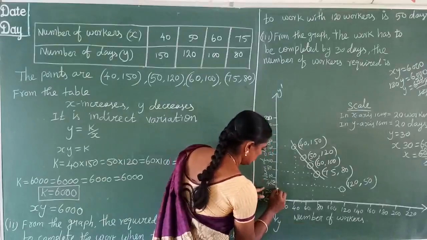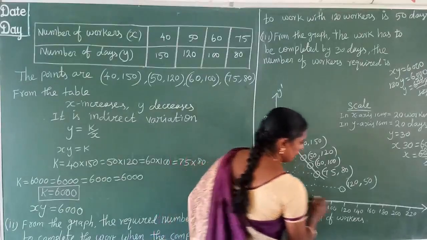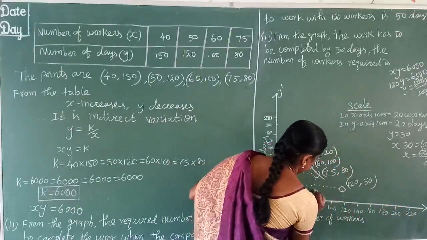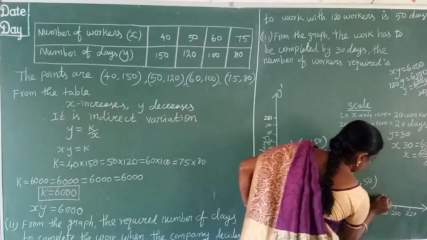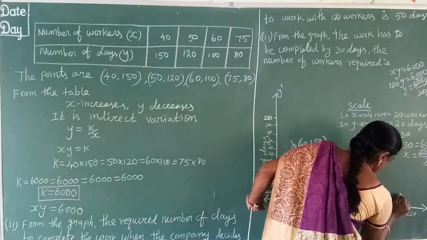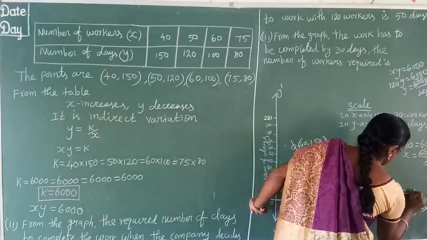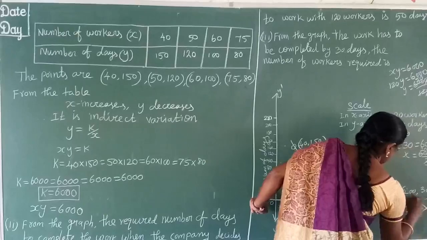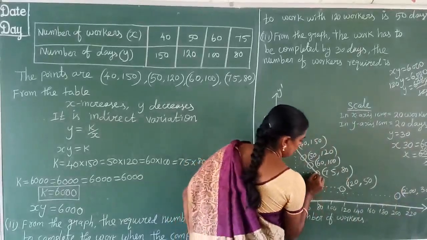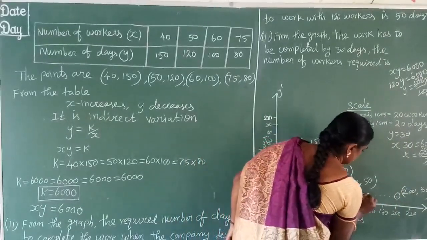Okay, place 30 in between 20 and 40. x is 200. So x value 200, comma, y value 30. So join.